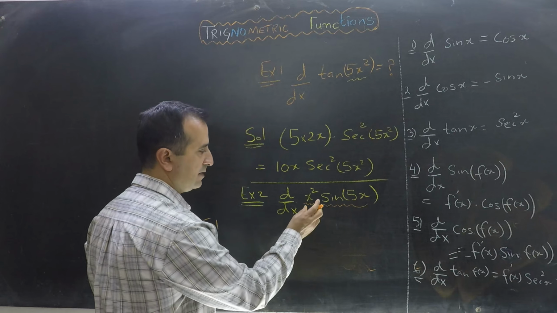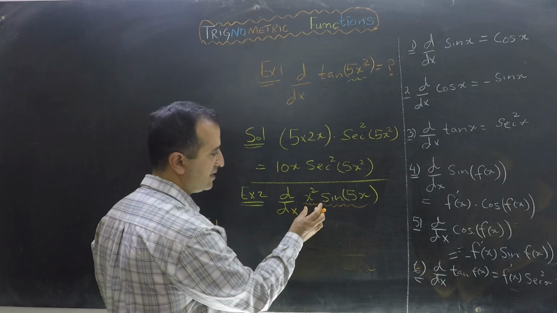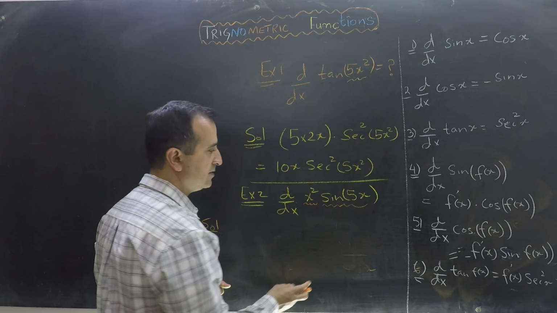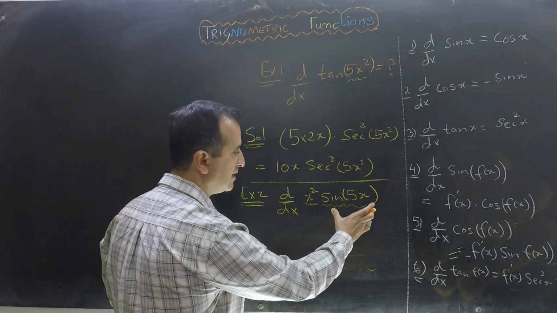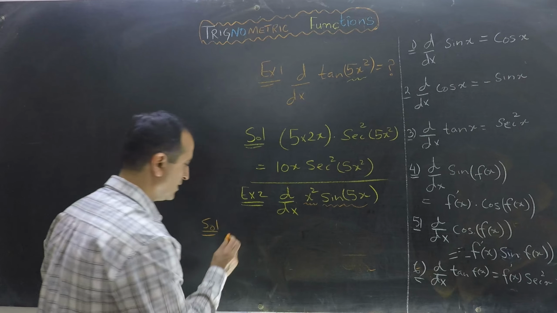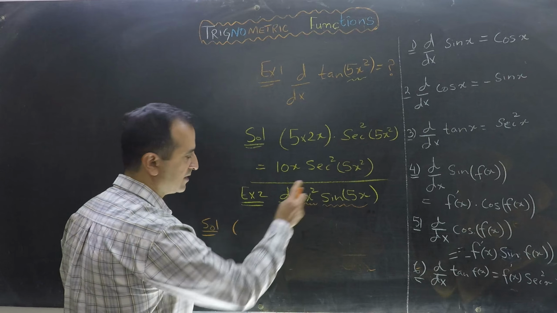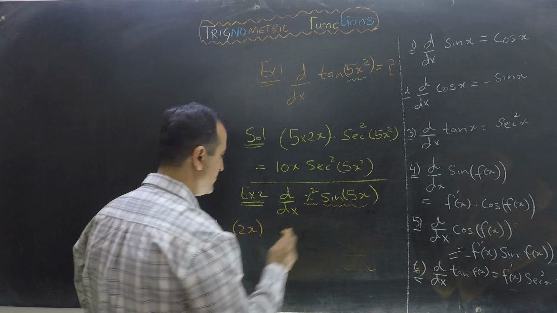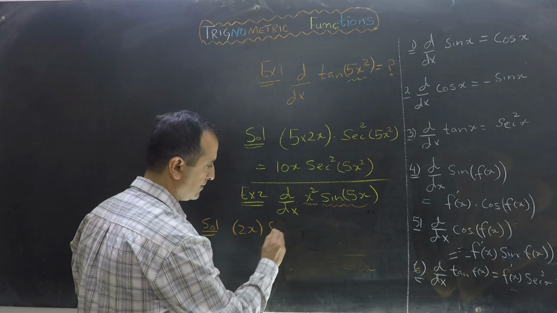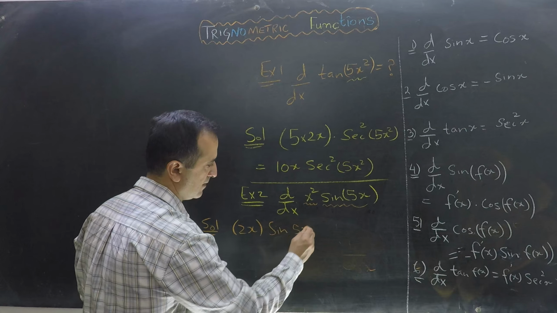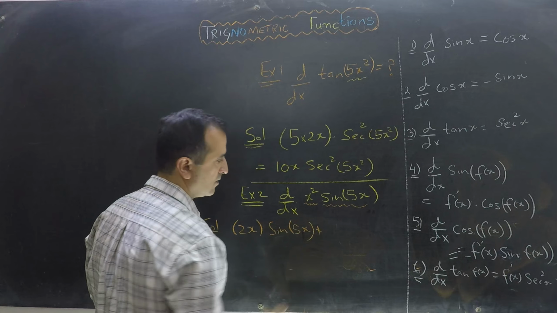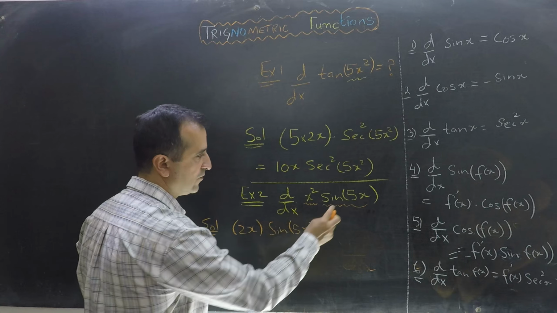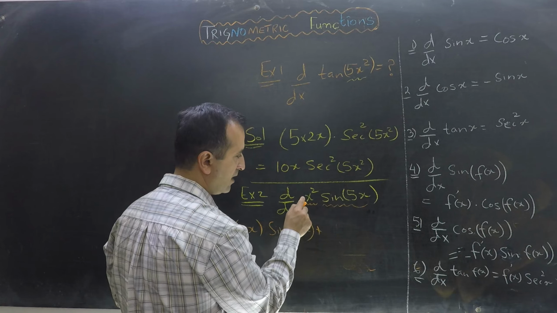First we find derivative of this, keep this as it is, plus we find derivative of this, keep this as it is. So first we find derivative of x square, which is 2x. We write sine 5x as it is, plus we find derivative of sine 5x and we write x square as it is.